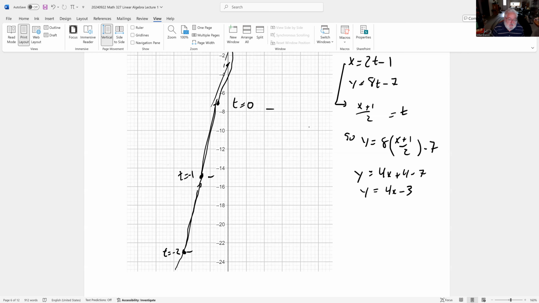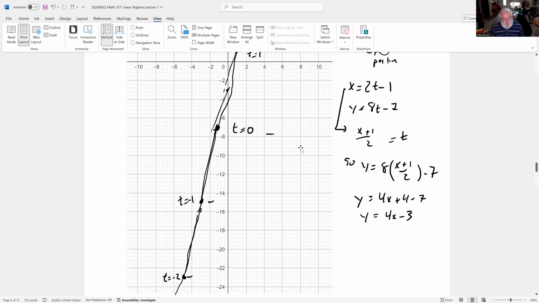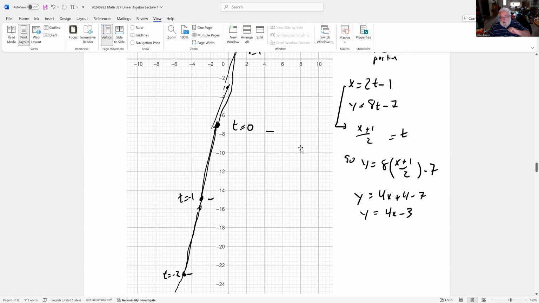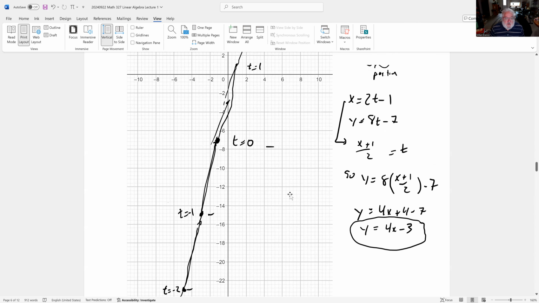And at t equals 0, your train is at this stop, and it keeps going. So the parametric equations are telling you where the train is along the track. This equation is just telling you where the track is, right? If you've ever lived near train tracks, you know the difference between having the tracks without a train and having tracks with a train.